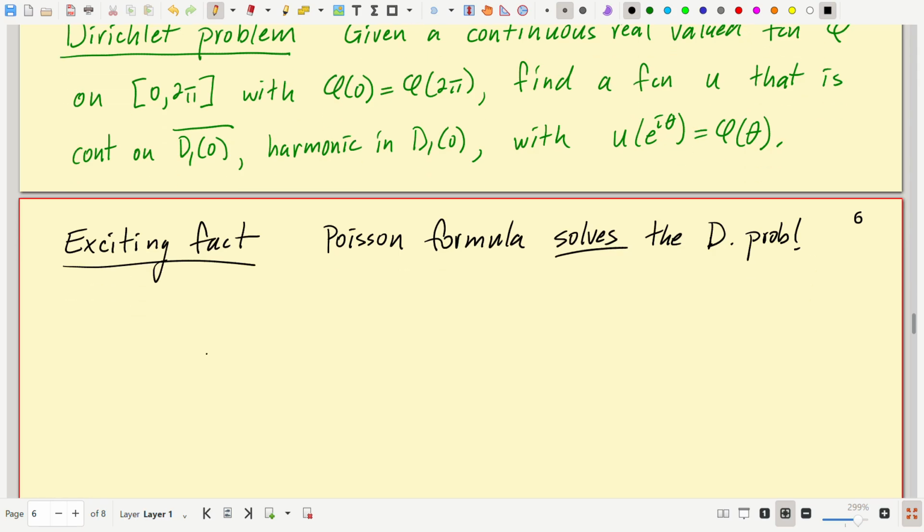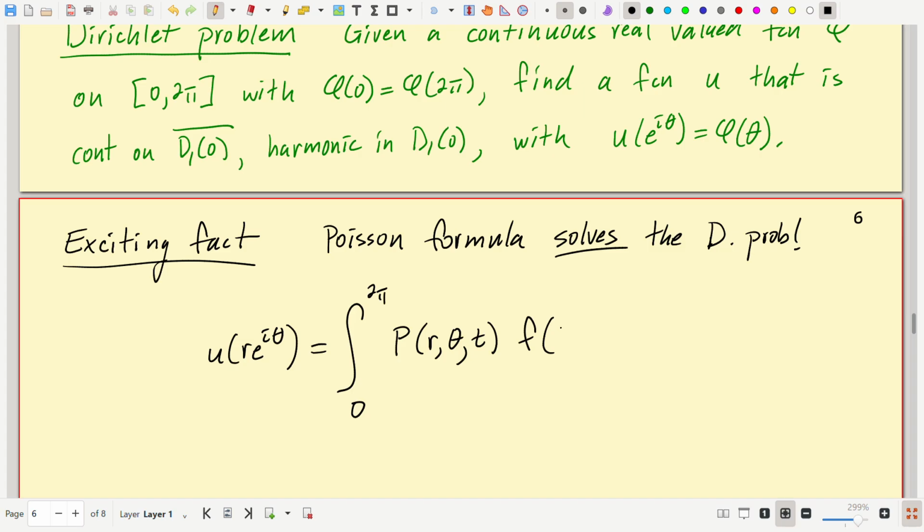So the answer is going to be u of r e to the I theta is going to be 1 over 2 pi. Let's see. Instead of writing the whole thing out, it's traditional to write out that thing of r theta t. That's the Poisson kernel. And here we put f of t dt.